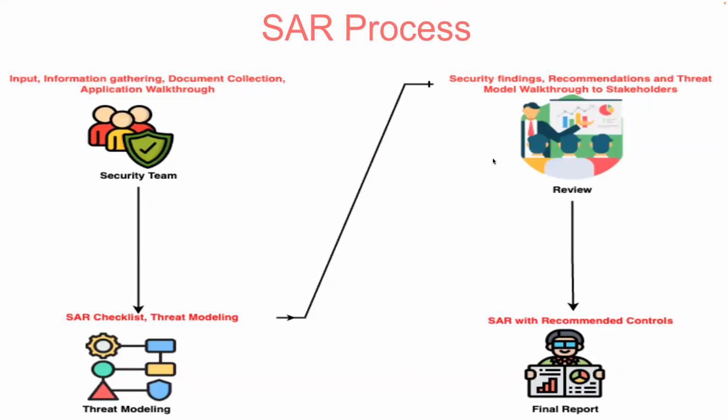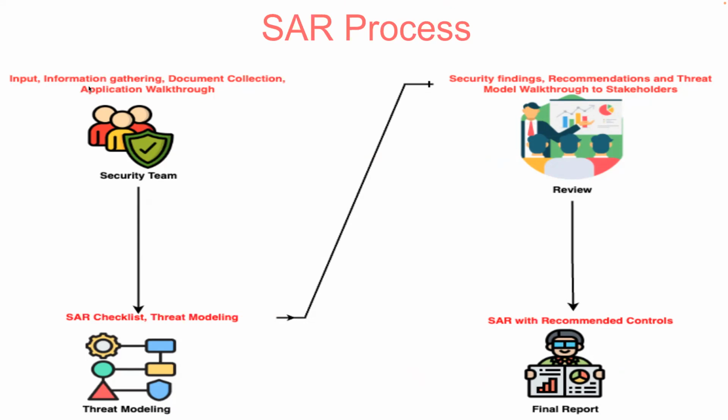So the procedure begins with the security team, of course. Here the security team will try to get all the inputs from the stakeholders. They'll try to gather all the information like how the application is going to be, what the business objective is, how the business logic will work. Is it a cloud application or an on-prem application?